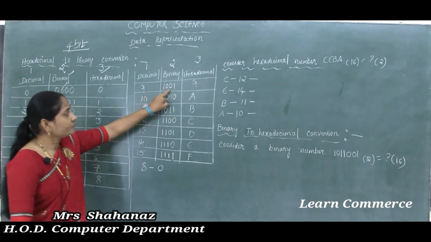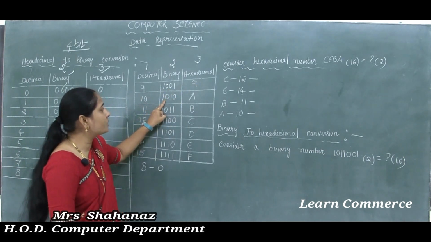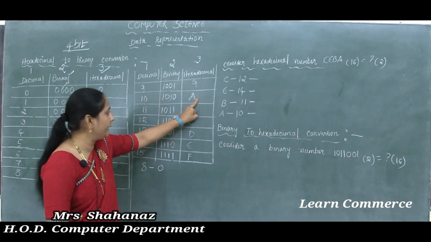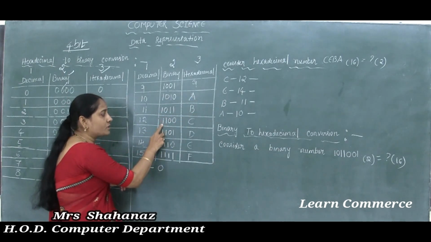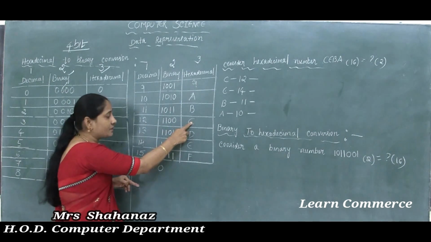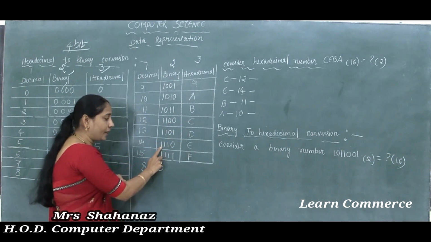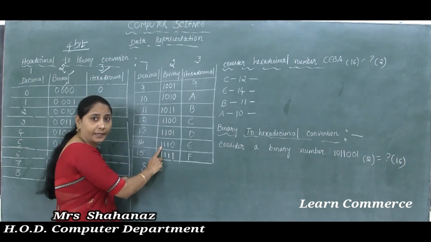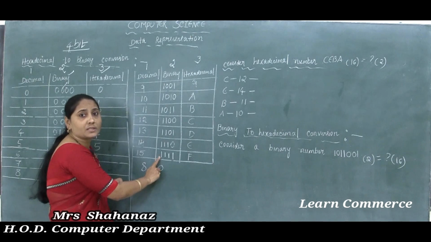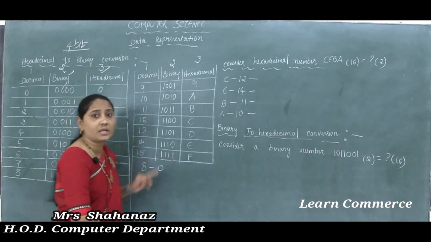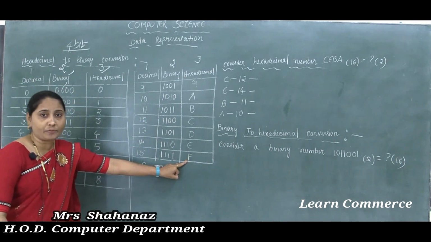Clear this one. And 1001 for the number 9, 1010 for the number A, 1011 for the number B, 1100 for the number C, 1101 for the number D, 1110 for the number E, and lastly the four ones, 1111, for the number F. Clear this point here.